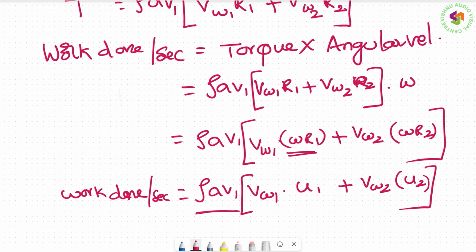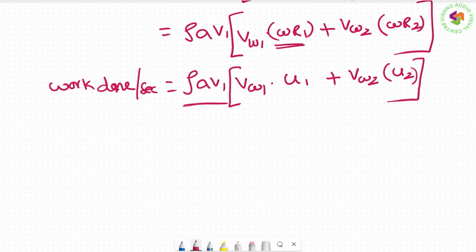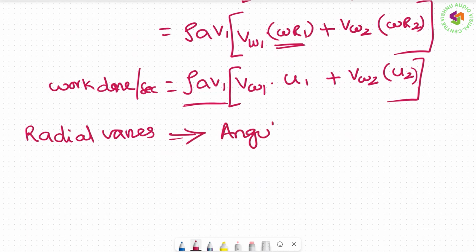But in the case of radial vanes, what principle have we used? It is the angular momentum principle. In the angular momentum principle, how is the calculation done?